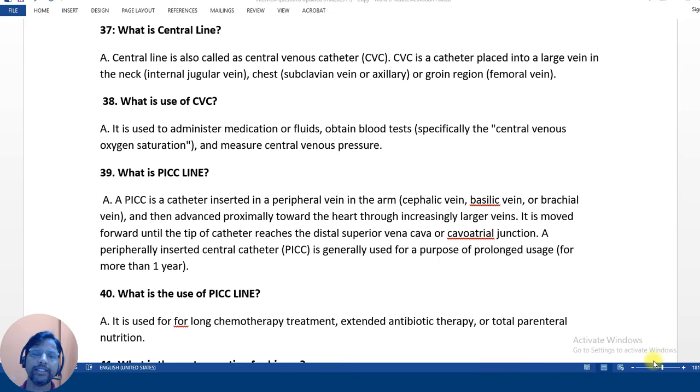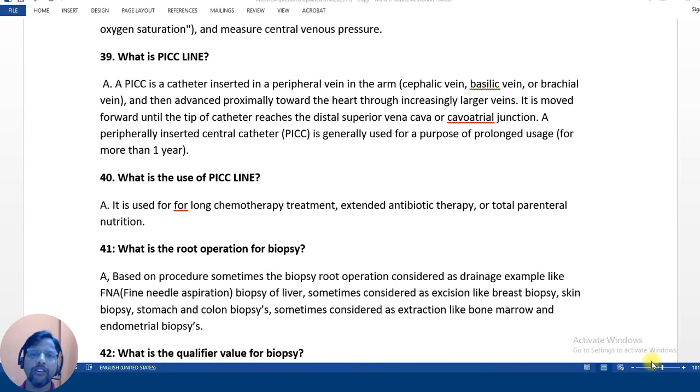What is the use of CVC? So CVC is used to administer medications or fluid or obtain blood tests and measure central venous pressure. What is PICC line? As we have learned previously, PICC line means peripherally inserted central venous catheter. Here the location matters.